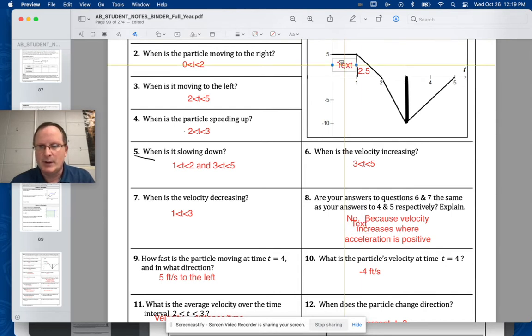I'm just doing a bunch of text boxes. And over here, that entire time right there, it's going to be negative.